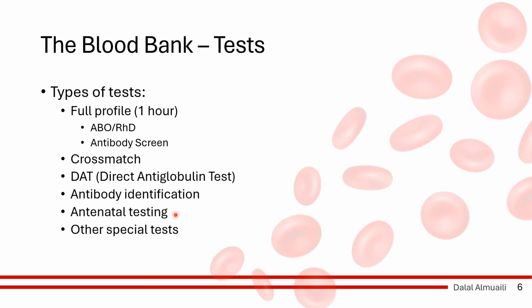Those test results are required for the doctors to decide how closely the lady will need to be monitored during her pregnancy, or if she needs to take any medication to avoid any complications. And then we have an array of other special tests. In Kuwait, the antibody identification, the antenatal testing, and the other special tests are all performed in what's known as a reference lab. And in Kuwait, we only have one reference lab, which is Kuwait Central Blood Bank.